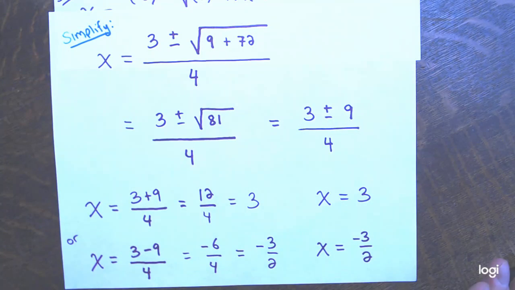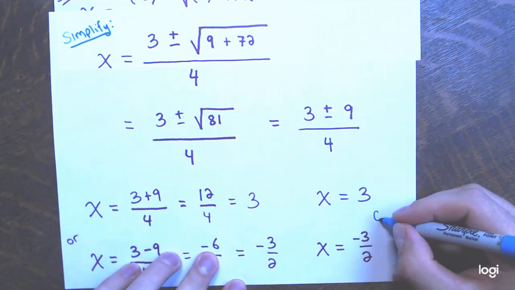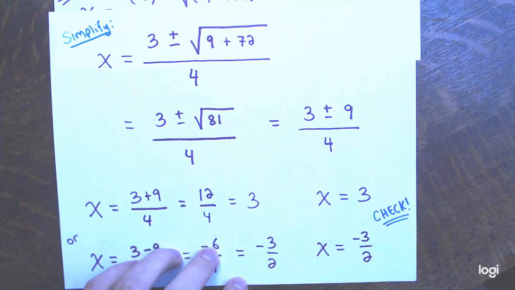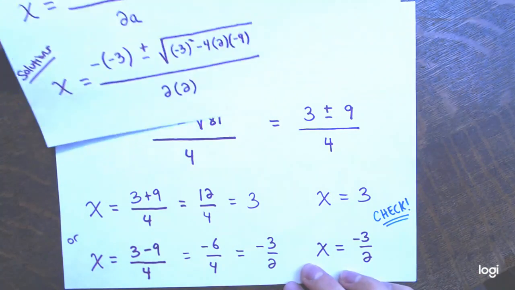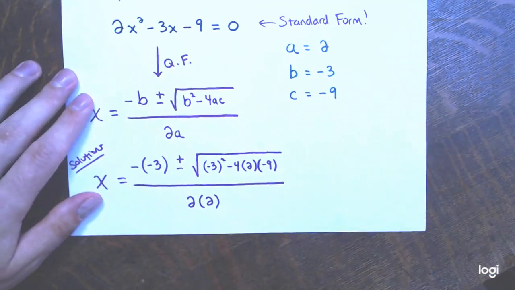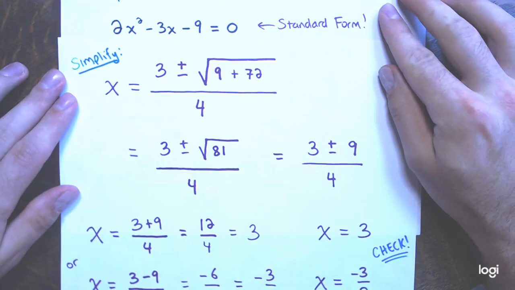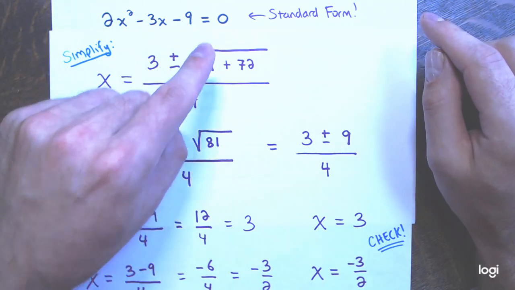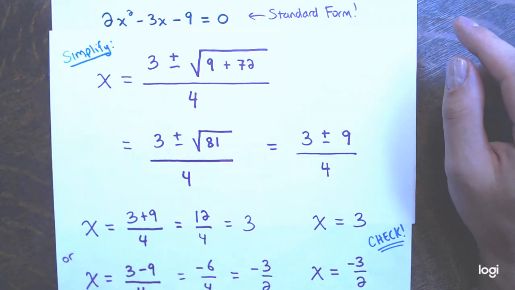Now that everything's completely simplified, don't forget to check your solutions back in the original equation, right? Always back in the way it originally looked. All right, so let me pull that up. Here's the original equation. So the original equation was this: 2x squared minus 3x minus 9, equals 0.